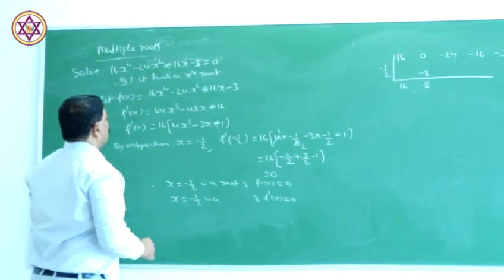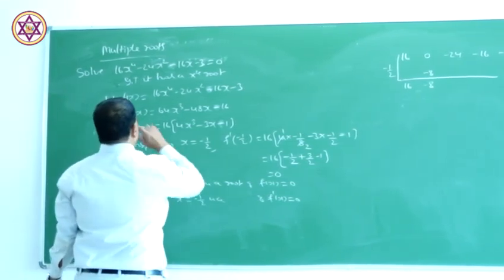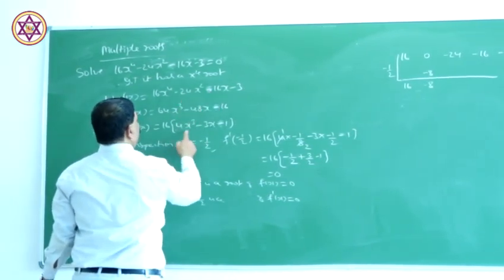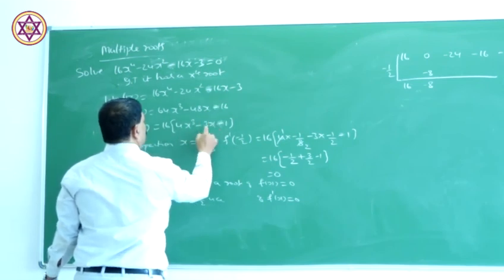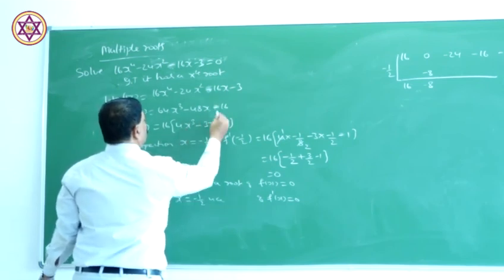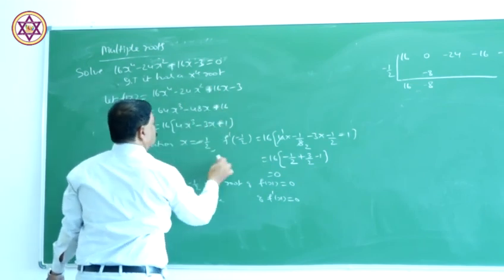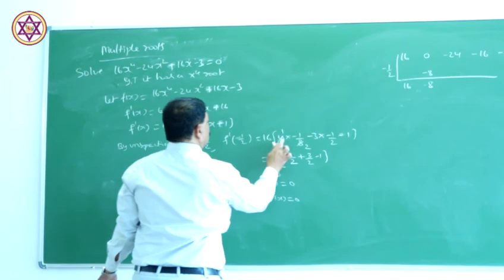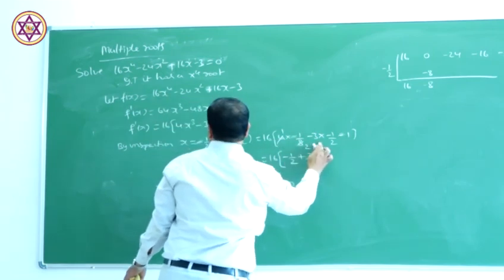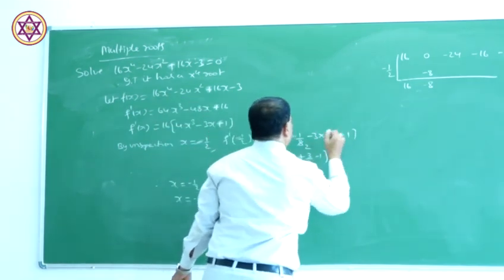If we take plus half, we get 1 minus 3 by 2 plus 1.